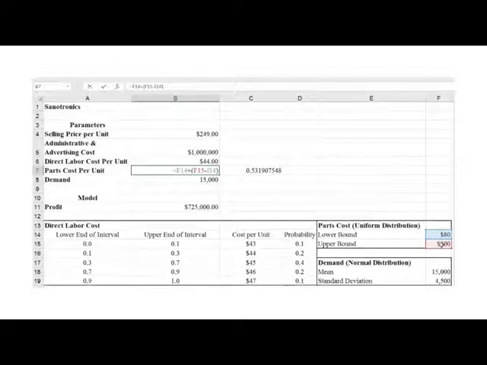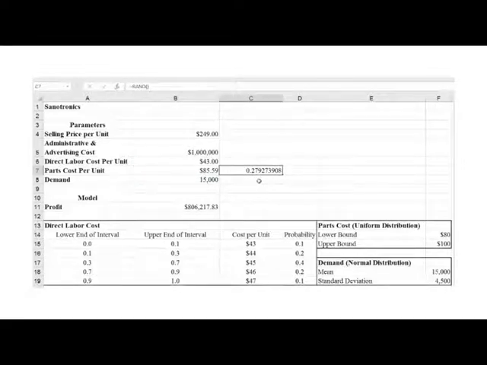And to express the percentage of that range, we multiply that by the value of the random number between 0 and 1. So we observe that for a random number of 0.279, we get a parts cost of $85.59. This value of $85.59 is 27.9% of the way between 80 and 100.